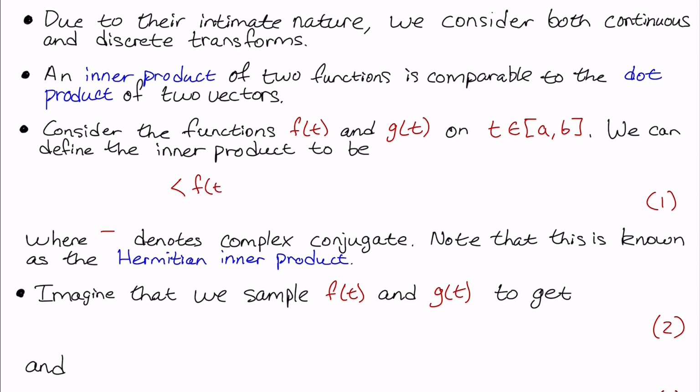We'll say that this is <f(t), g(t)>, the inner product of f of t and g of t, and this is equal to the integral from a to b of f of t times g overbar of t dt, where this overbar indicates the complex conjugate. And what we just defined here is known as the Hermitian inner product.